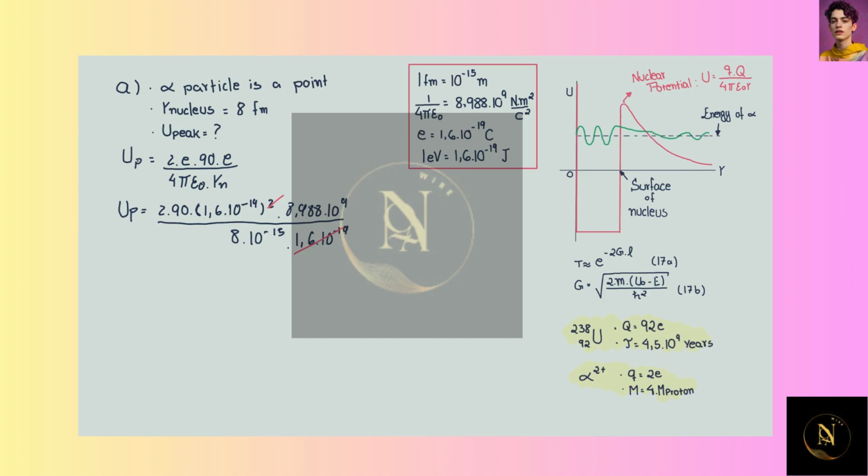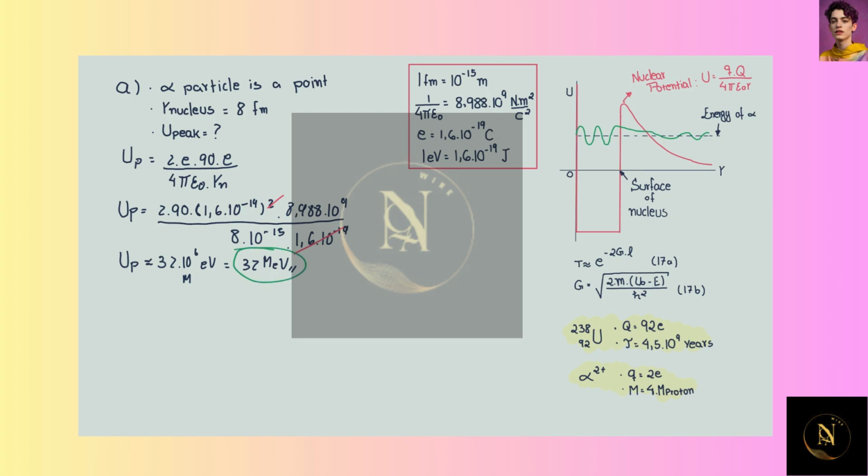Now, by solving this calculation, we get a value for the peak of the potential that is 32 times 10 to the 6th electron volts, and this is only approximately. And then we can write it as 32 mega electron volts, since 10 to the 6 is the same as a mega. Therefore, this is the answer to the first item of this question.